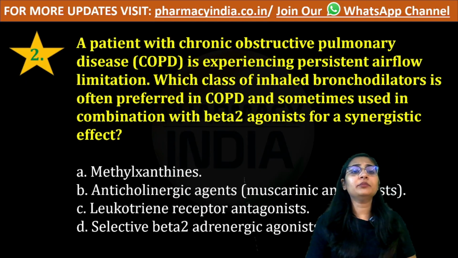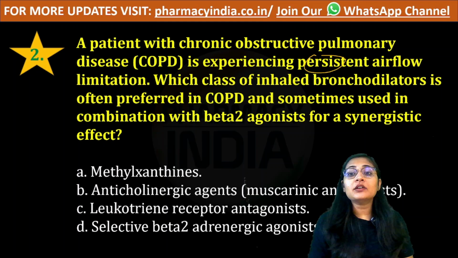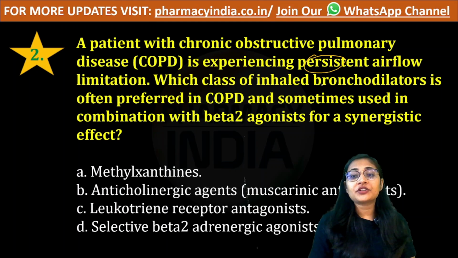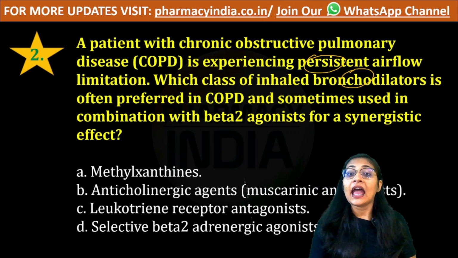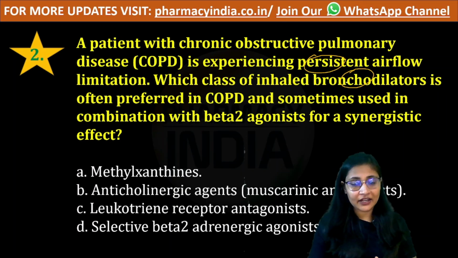Let's move towards question number 2. A patient with COPD is experiencing persistent airflow limitation. Which class of drug inhaled as a bronchodilator is often preferred in COPD and sometimes used in combination with beta-2 agonist for a synergic effect?